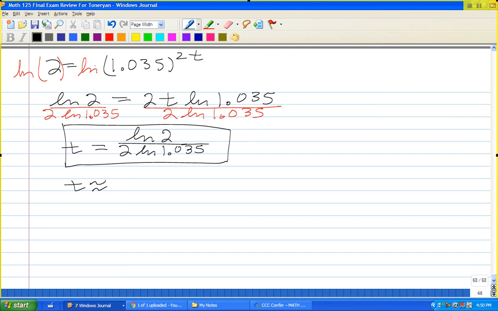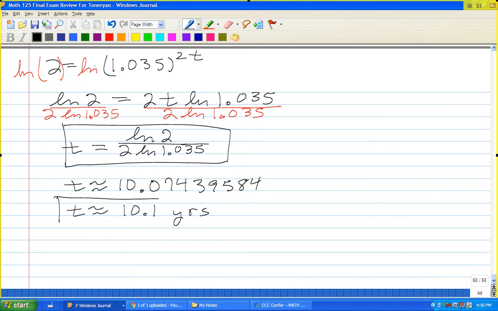So ln 2 over 2 ln 1.035 is 10.07439584. So t is approximately 10.1 years, rounding to the nearest tenth of a year. So that is my answer.